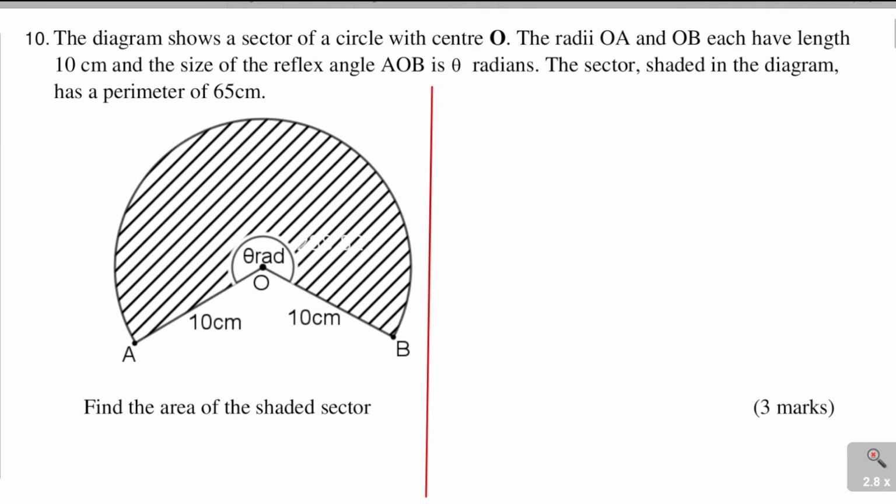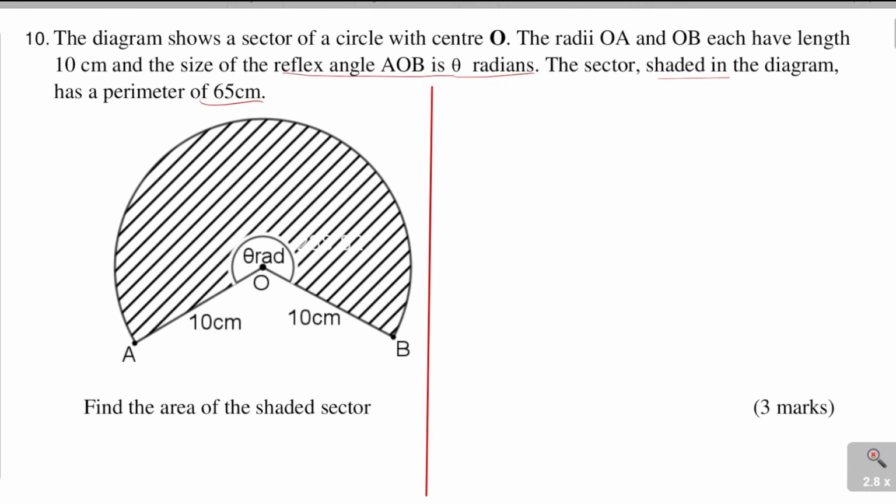So what do you need to get the area of the shaded sector? Look at what you've been given. You're given the reflex angle AOB in theta radians, and the perimeter of the shaded sector, which is 65 centimeters.